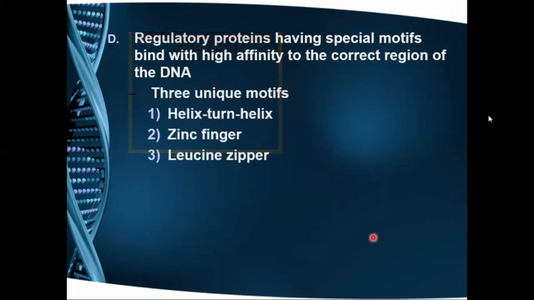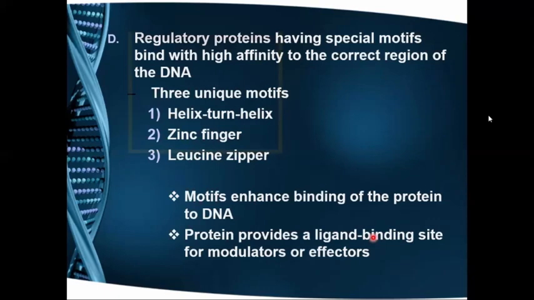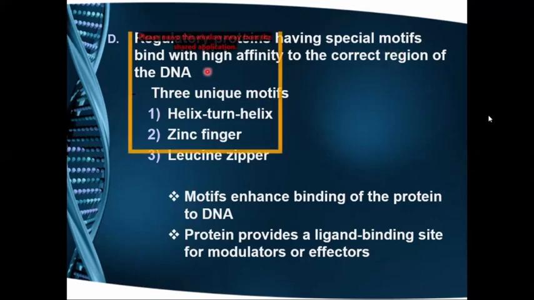And let's talk about transcription factors. They are regulatory proteins with special motifs that bind with high affinity to the correct region of the DNA. The three unique motifs that are usually found in transcription factors are helix-turn-helix, zinc finger, and leucine zipper.